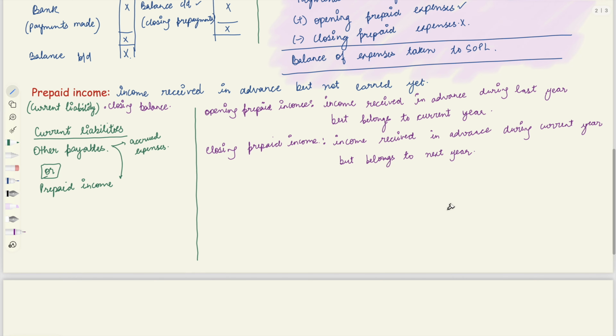Okay, so what I'm gonna do, same thing that we did for the prepaid expenses. I am going to take payments received during the year. Then I will add opening prepaid. Why? Because it belongs to the current year.